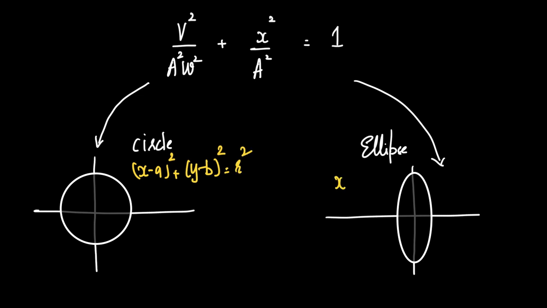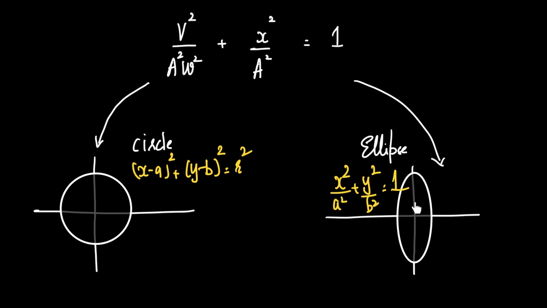What about an ellipse? Or r square, my bad. 1, right? Now, which one would this equation fall into?